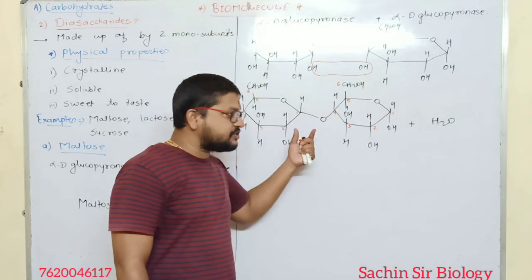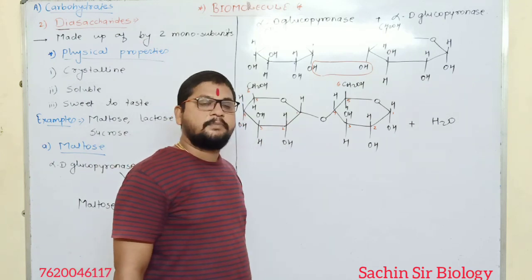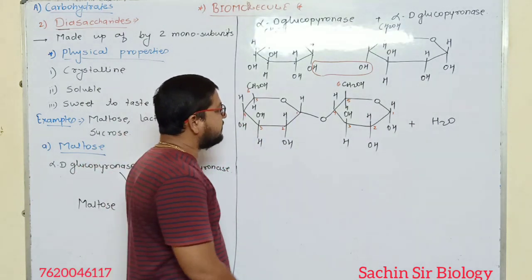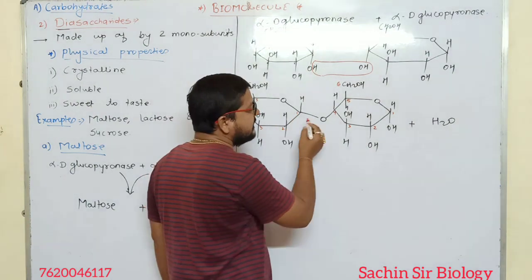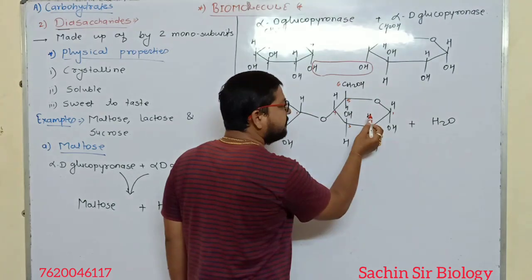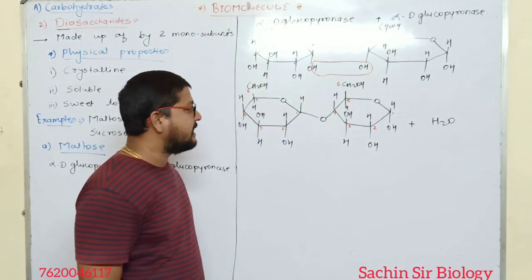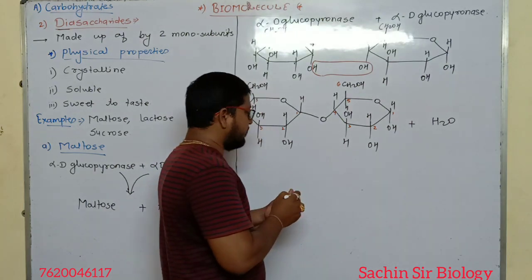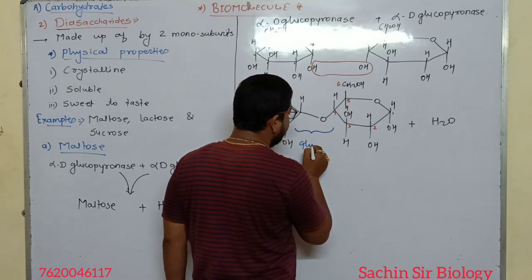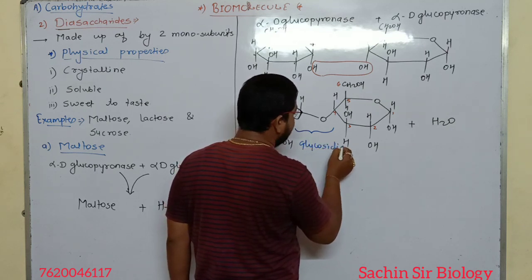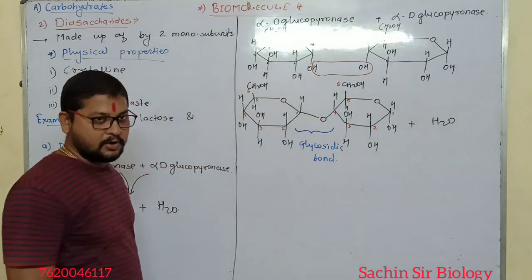In which carbon of these two monosaccharides is the bond formed? In between the first carbon of the first alpha D glucose and the fourth carbon of the second alpha D glucose, and that bond formed here is called the glycosidic bond.